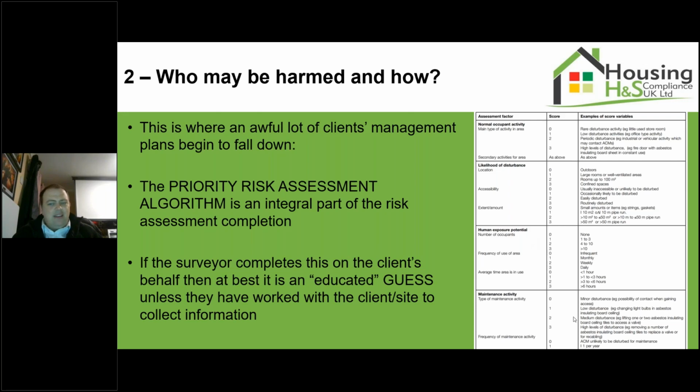And likewise with maintenance activities, unless I have a dialogue with yourselves as the duty holder, as the responsible person, as somebody that knows the site, how would I be able to understand how often repair work is required? I think these are very easy errors to identify, if you like.